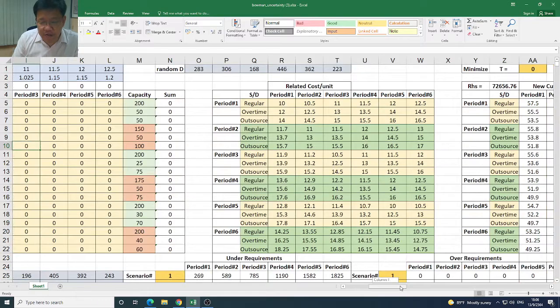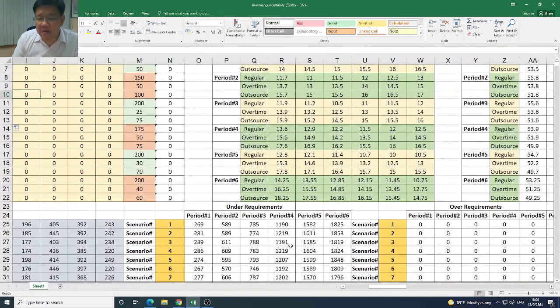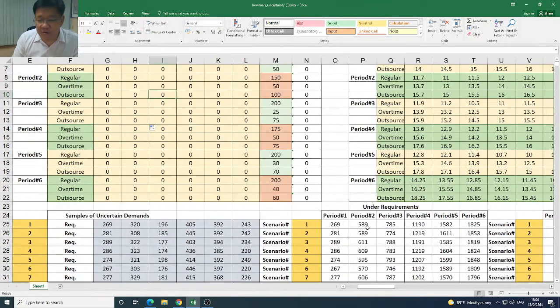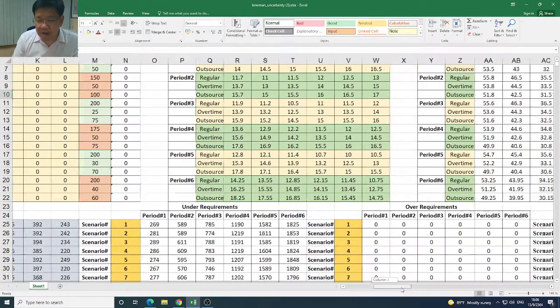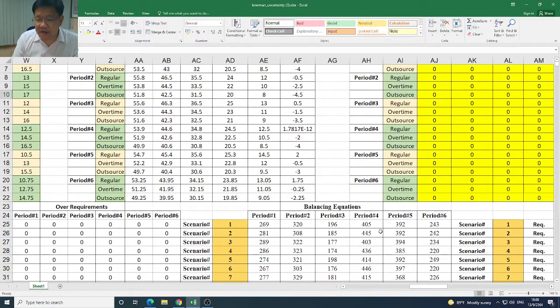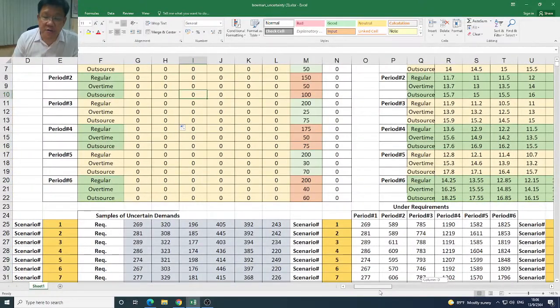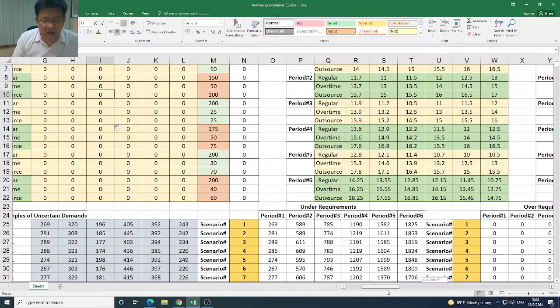For this initial of 0, you always have just an under requirement, because it's not enough. You have plenty of capacity left, so all the demand cannot be fulfilled. There's no over requirement, and this is the balance equation, to use if you want to use the direct open solver to solve it.